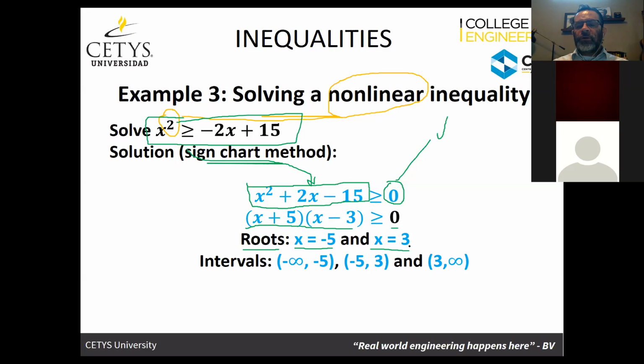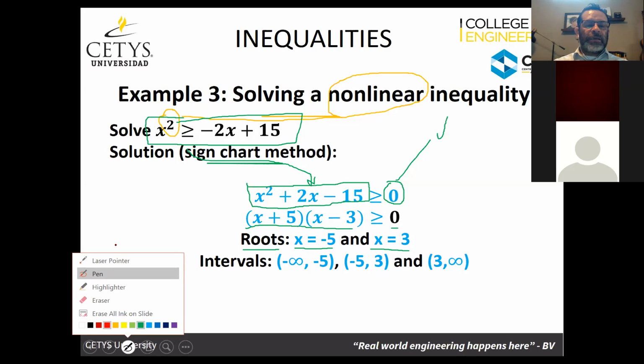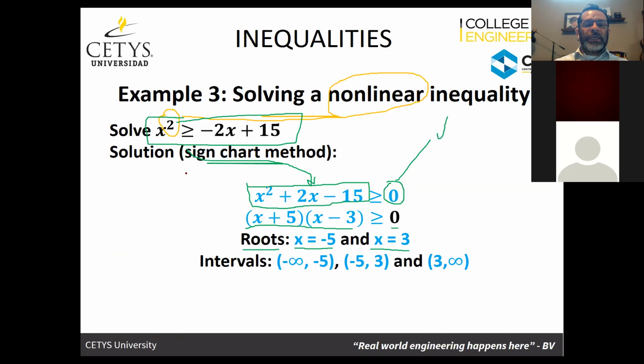So I'm just going to mark this in red. This part here is going to be step 0. This part here is going to be step 1, which is the factoring. This part here is going to be step 2, which is finding the roots.